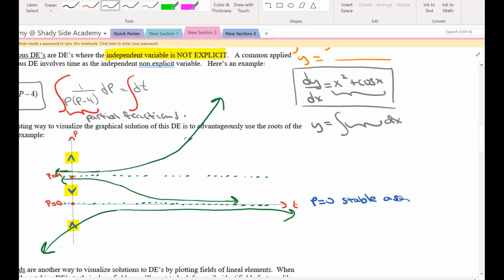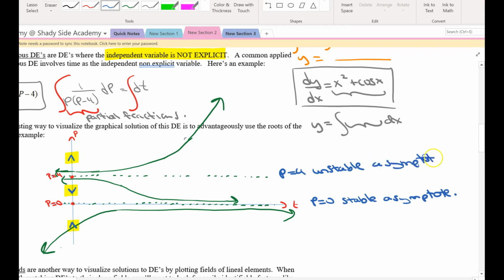The reason it's a stable asymptote is because over time, the two potential curves converge upon the asymptote. P equals 4, on the other hand, you want to guess what it is? It is called an unstable asymptote.